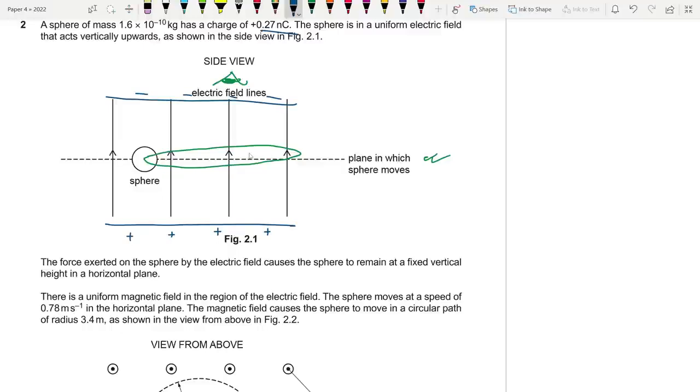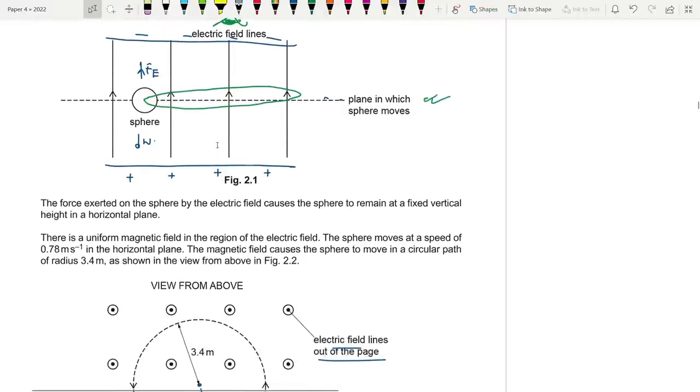But since it's not moving up or down, since it's remaining on this horizontal plane, what does that mean? Since it has a positive charge, it should experience an electric force upward, and the weight should be downwards, right? So since it's not moving up or down, the net upward force is equal to the net downward force. Do you guys understand? That's the logic behind this.